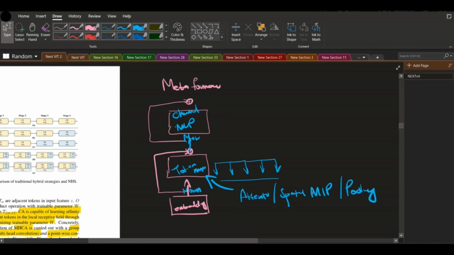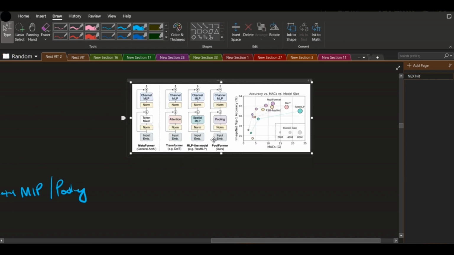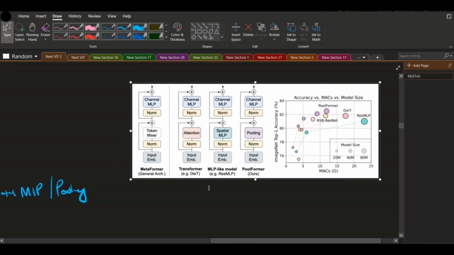I'm just going to paste this image here so that you can see what I'm talking about. These have been various architectures introduced by different papers. But this is the MetaFormer general architecture.